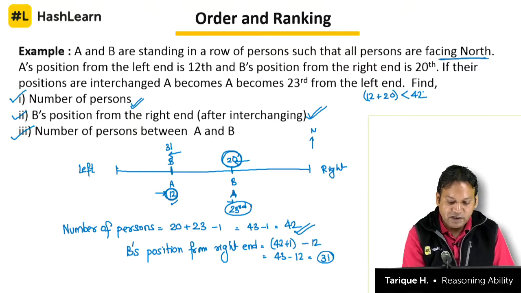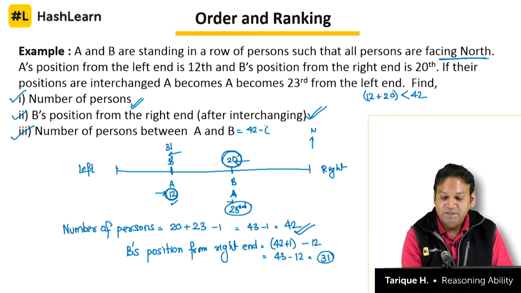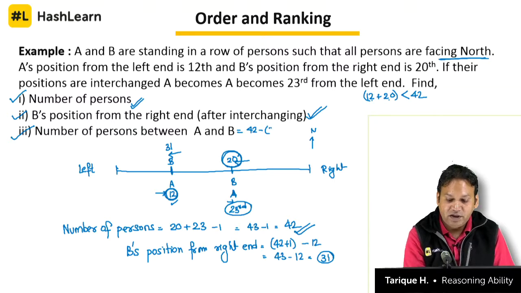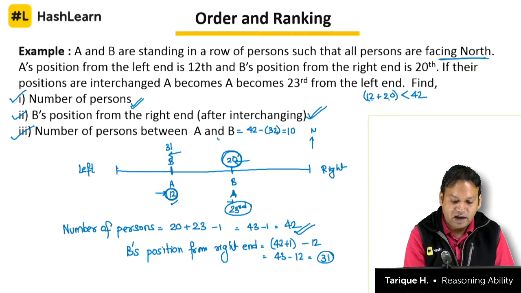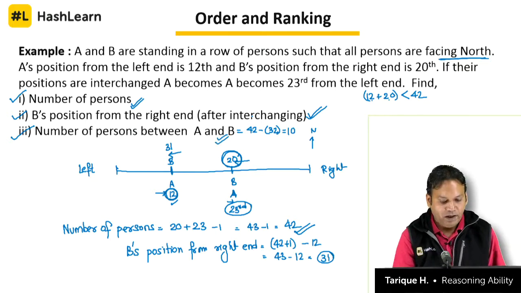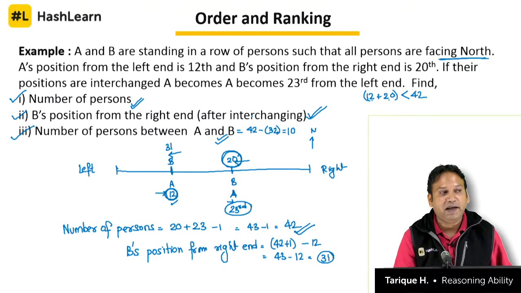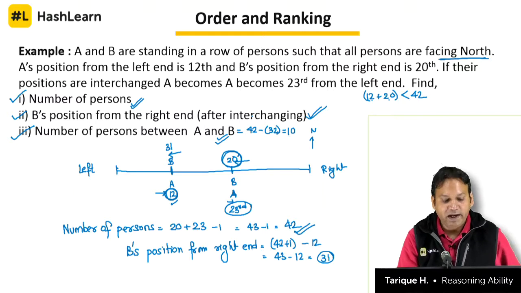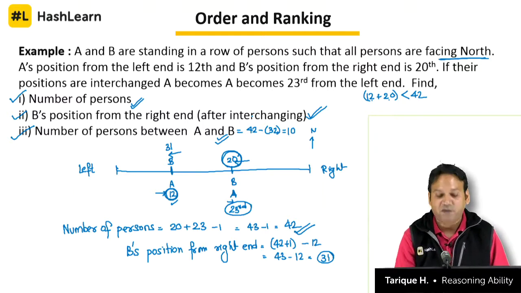So, number of persons between A and B will be equal to n, the total number of persons, minus x plus y, the sum of ranks. So, 12 plus 20 is 32, 42 minus 32 equal to 10, and this answers your third question. Right. So, number of persons between A and B is equal to 10, number of persons in the class 42, and B's position from the right end is equal to 31.